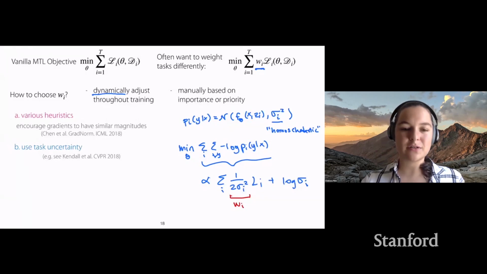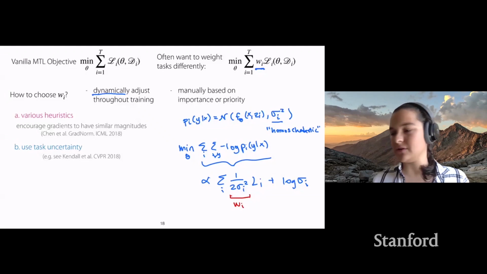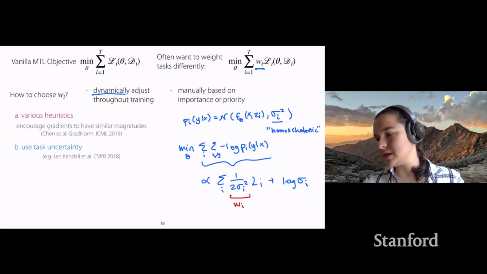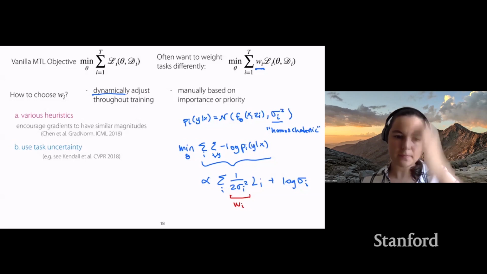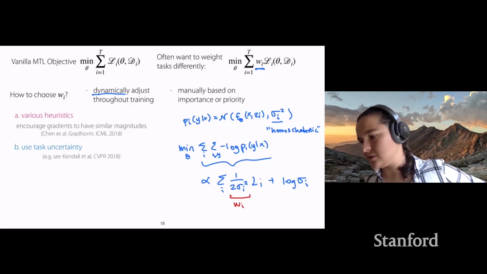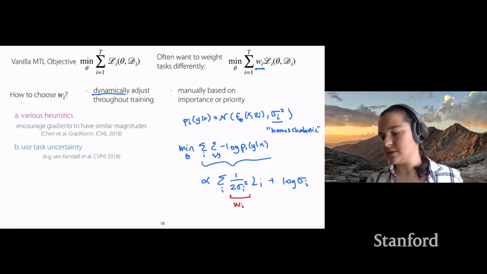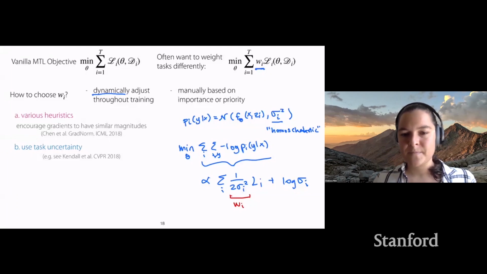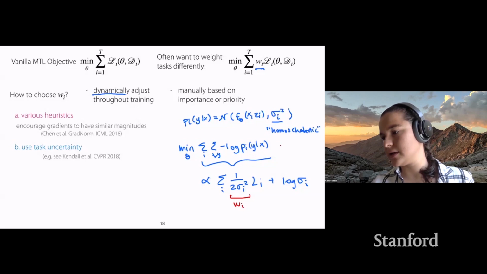For tasks where you have a higher uncertainty, because you have a higher standard deviation or a higher variance, you should weight those differently. If you have higher uncertainty, smaller uncertainty should lead to a higher task weight, and more uncertainty should actually have a smaller task weight. And the thing that I find nice about this is that it falls directly out of maximum likelihood training right here.